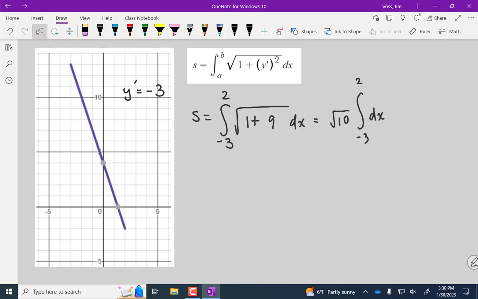Integral of dx is x. That's it. So then we have square root of 10 x, from negative 3 to 2. Plug in the 2, plug in the negative 3. And we end up with 2 minus negative 3. So that's going to be 5, so that'll be 5 root 10.